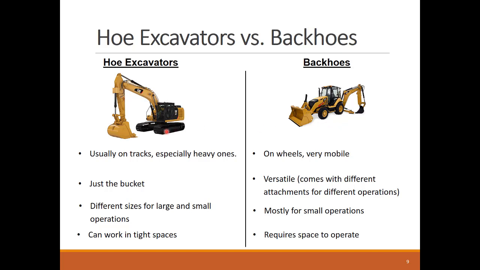Hoes are mostly for large operations, while back hoes are for small projects like small utility trenches. But hoes don't require much maneuvering space around them, as they can rotate 360 degrees around the track axis. Back hoes need maneuvering space around them, as their back hoe bucket rotation is very limited.